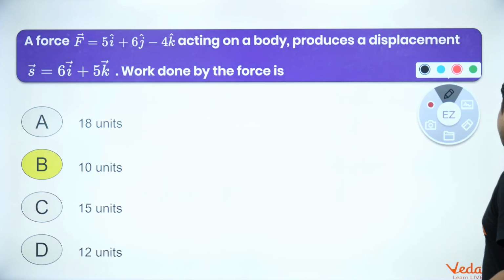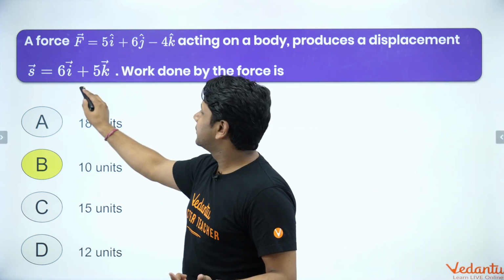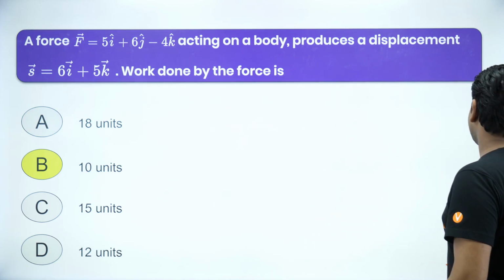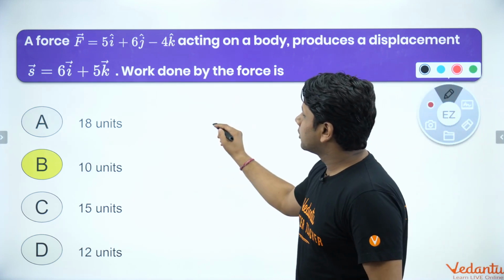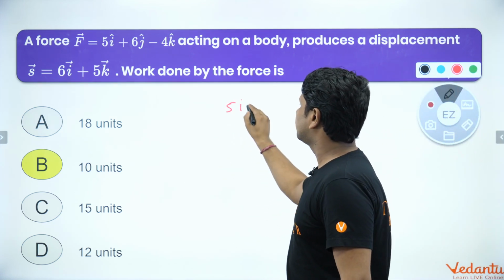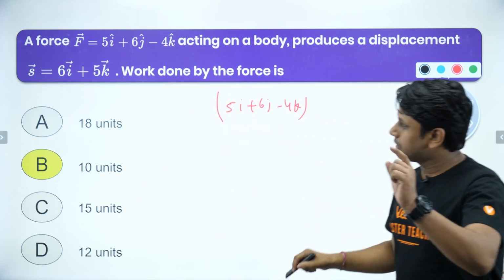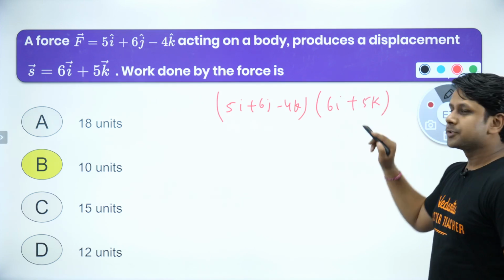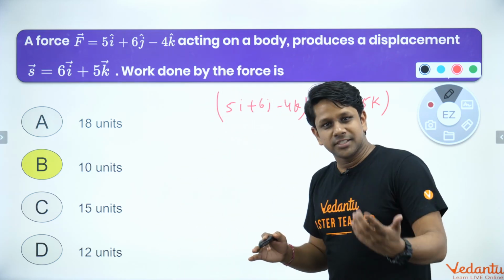Let me explain how do we have to do this particular question basically. So there are like two vectors given, the force vector and the displacement vector. You just have to take the dot product of these two. And how do we take dot product? If you write the first vector 5i plus 6j minus 4k, and if you take the dot product with 6i plus 5k. So simply in dot product, i dot i becomes 1, j dot j becomes 1.